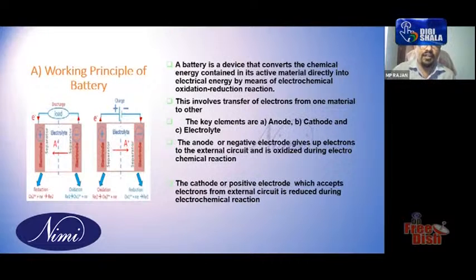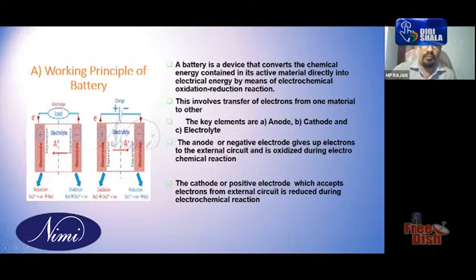And the electrolyte may be a liquid, gel or powder, depending upon the type of battery. And this is a media for conducting the current or electron flow or ion flow through the battery. So we can say two metal electrodes are immersed in an electrolyte.